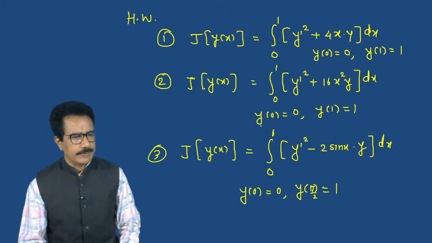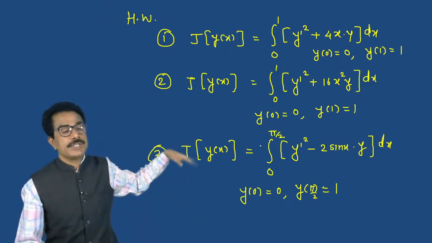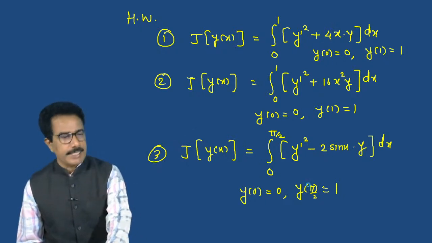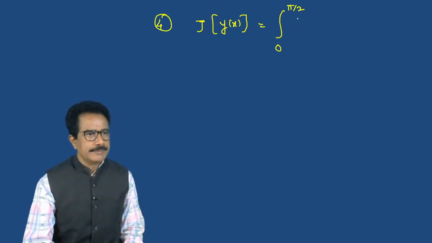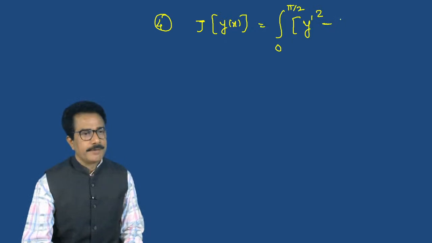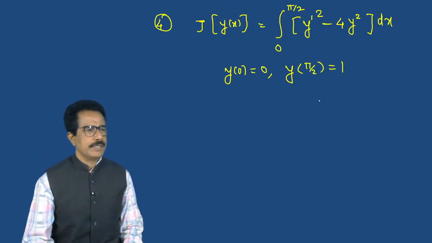Here take pi by 2, the integration is from 0 to pi by 2, the boundary conditions are given. So from 0 to pi by 2 of y dash square minus 4 into y square dx. y of 0 is equal to 0, y of pi by 2 equals 1.